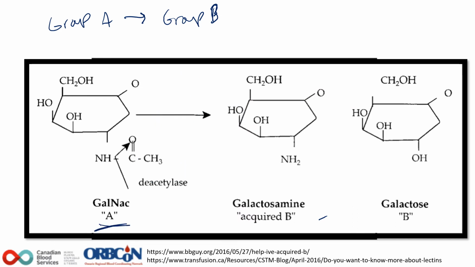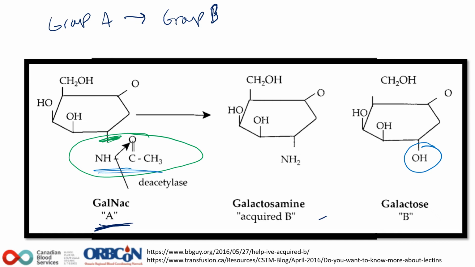We have the group A individual here, and let me highlight. This is the N-acetyl group, right? And remember, for a group B person, this part that we see here doesn't exist. This is the equivalent of it here. So they look similar except for this N-acetyl group.